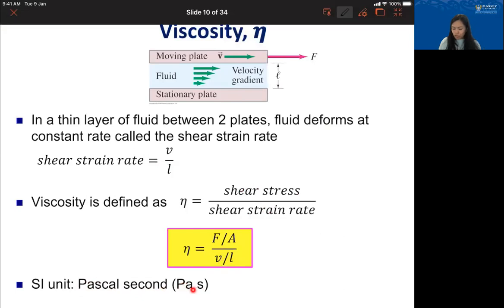It's sort of a strange unit, but the unit for force is newtons, divided by the unit of area, which is meters squared, divided by the unit of speed, meters per second, divided by the length, which is meters. This will work out to be pascals on top, and then it will work out to be seconds there.